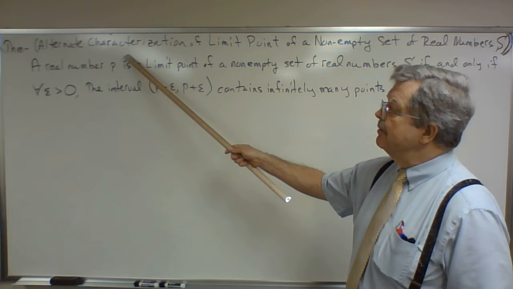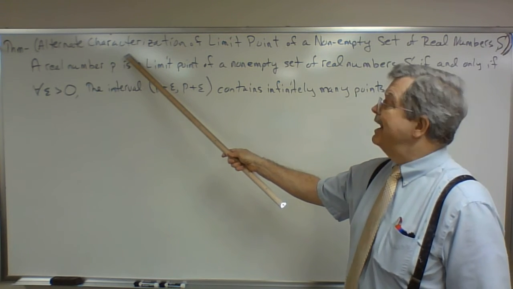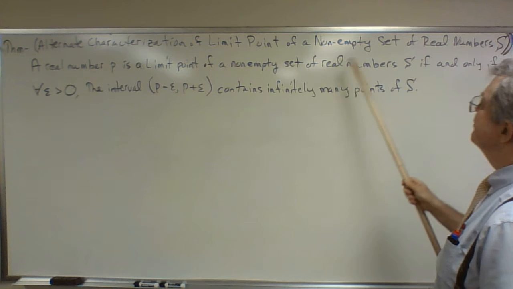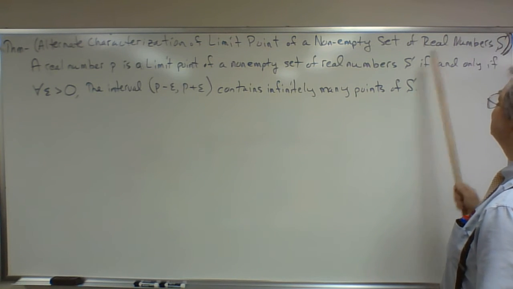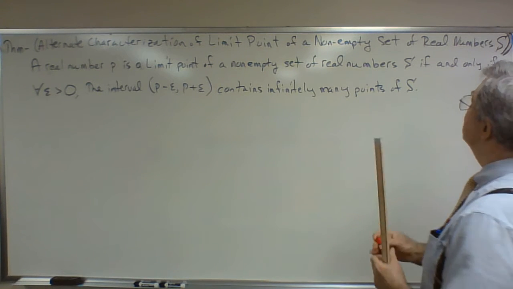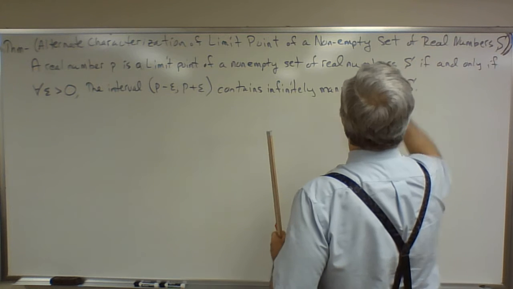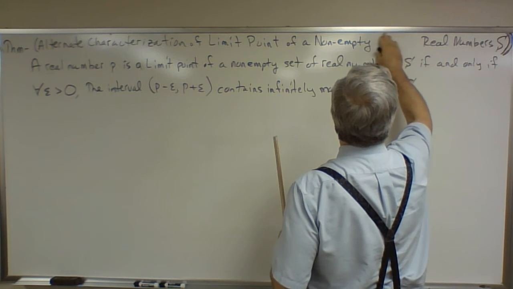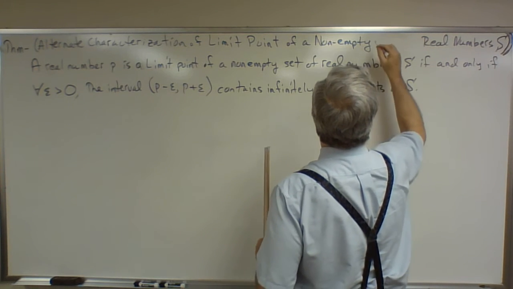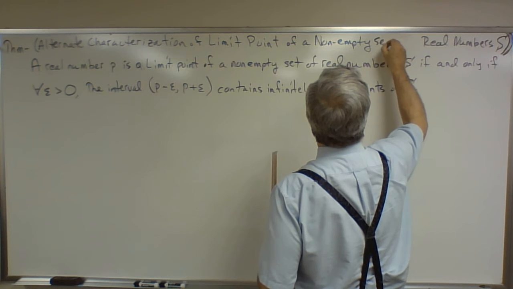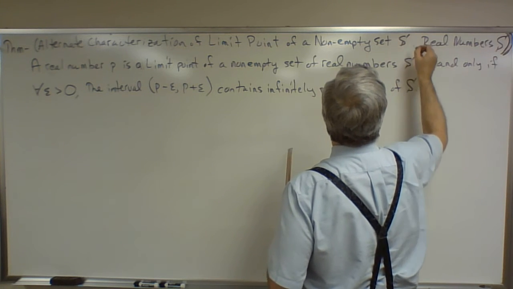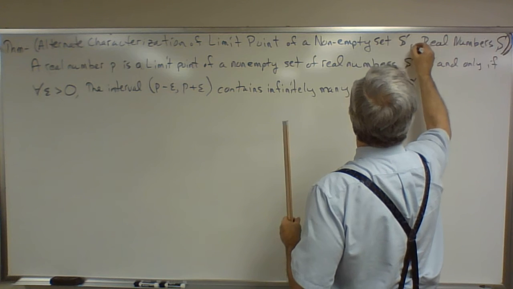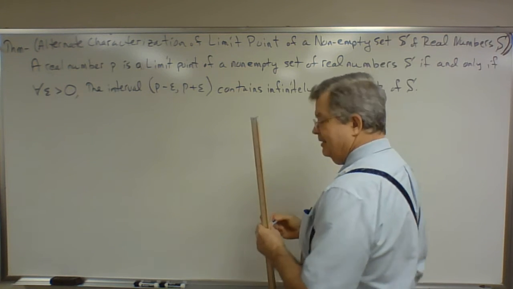And here's the theorem. It's an alternate characterization of limit point of a non-empty set S of real numbers. And I guess I'm going to redo my writing here also. A non-empty set S of real numbers.